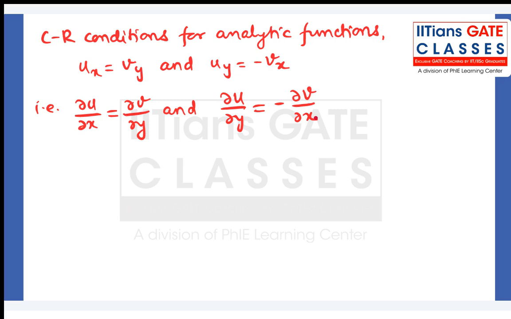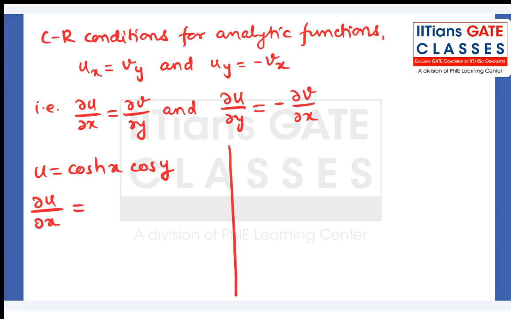Start with any one. We know that u is cos hyperbolic x and cos y. So let's start with the first one. Let's say you calculate del u by del x. Maybe we'll make a partition here so that we can solve two parts like this. Now you should do the cos hyperbolic differentiation, because cos y is constant with respect to x, so it remains as it is.